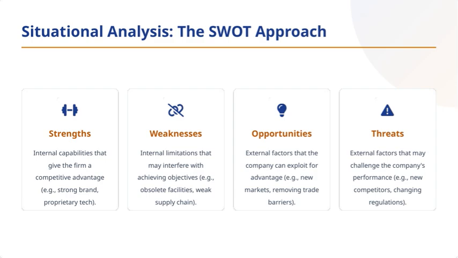Think about a strong brand reputation or proprietary technology. These are things that differentiate us from competitors and can be leveraged to achieve our strategic objectives. By understanding these four areas: threats, opportunities, weaknesses, and strengths, we can develop a comprehensive view of our current position and craft strategies that capitalize on our strengths and opportunities, while addressing or mitigating the threats and weaknesses.